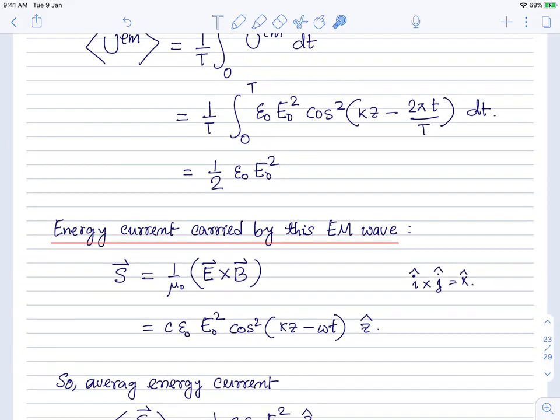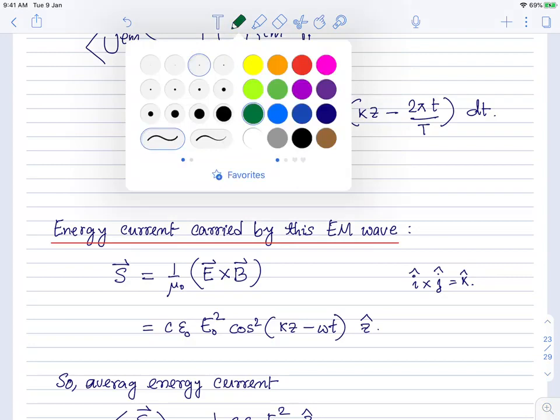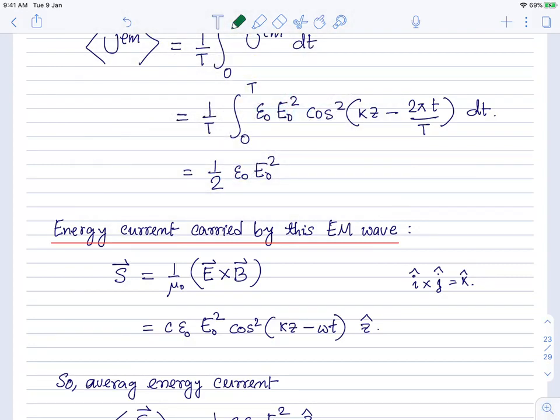The second thing is we can see what the energy current density carried by the electromagnetic wave is.